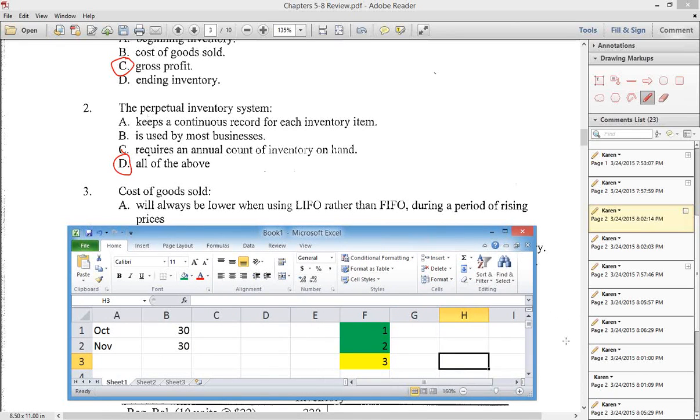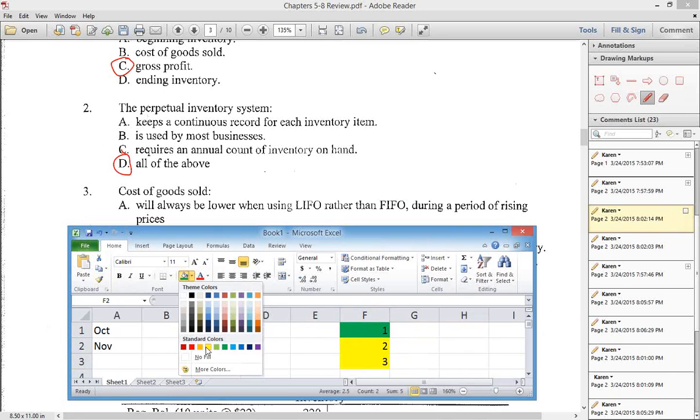So at any rate, what I was saying was I had one at $1, one at $2, one at $3. If I'm using LIFO and I sold 2 of those, I would have sold these 2 yellow ones, right? Last in, first out.